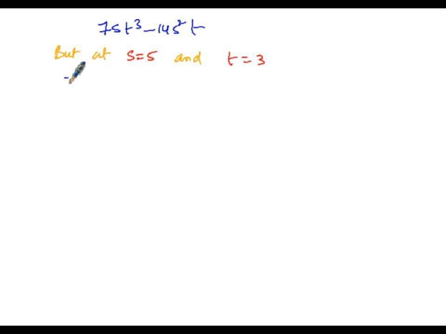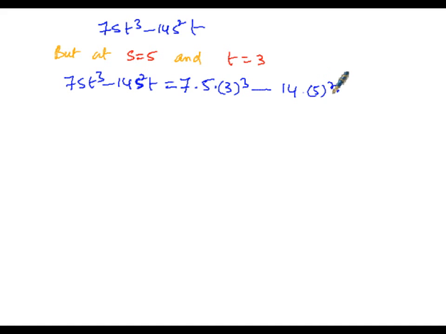7s t cube minus 14s square t is equal to 7 into the s value, which is 5, into t cube, the t value is 3, so 3 to the power of 3, minus 14 into s square, the s value is 5, so 5 square, into the t value, which is 3.